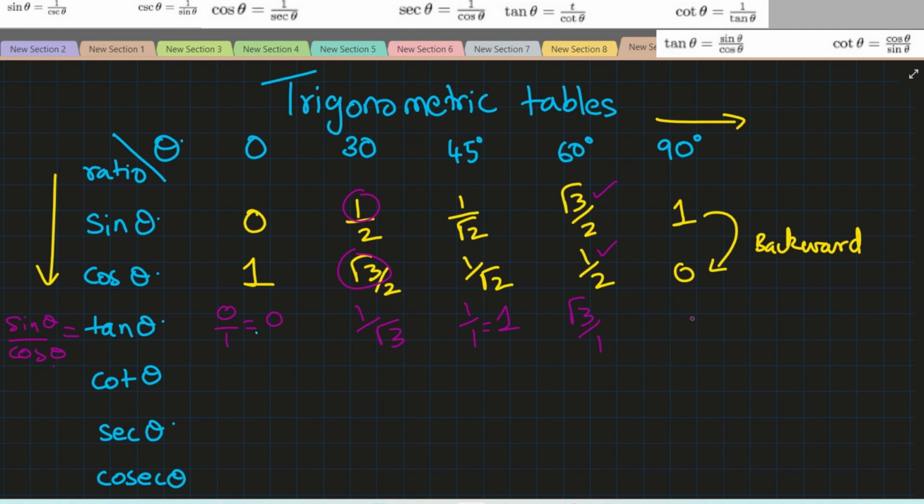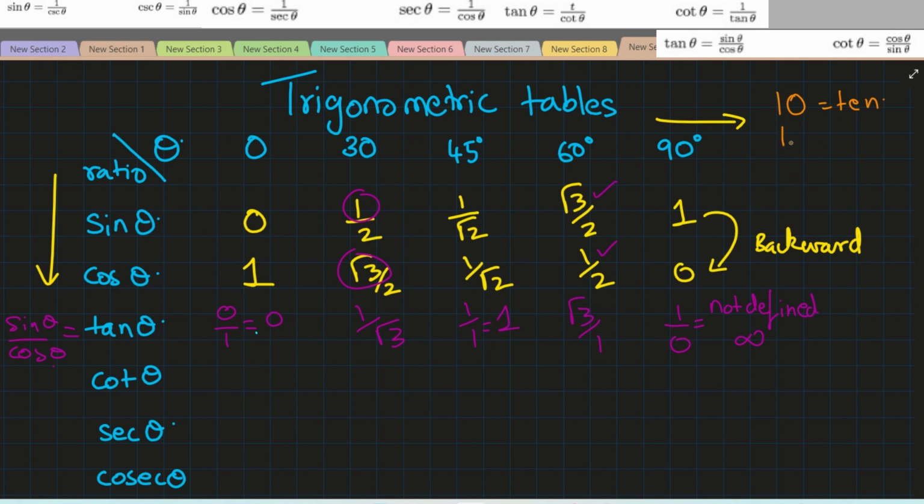Tan 90 will be 1 upon 0, which in some textbooks is represented as not defined, and in some textbooks is represented by the symbol called infinity. Now, what is this infinity? Now, we know that 0 is a whole number. So when we substitute 0 after 1, we call it 10.